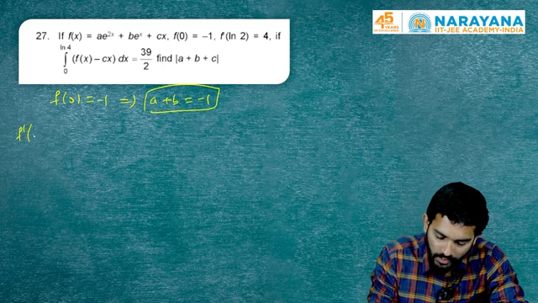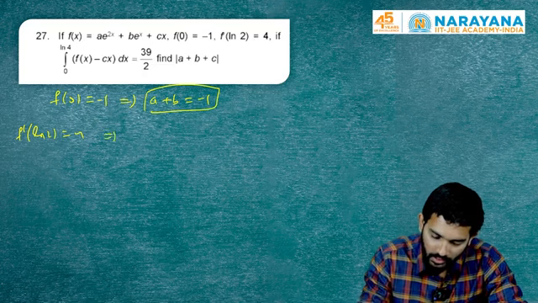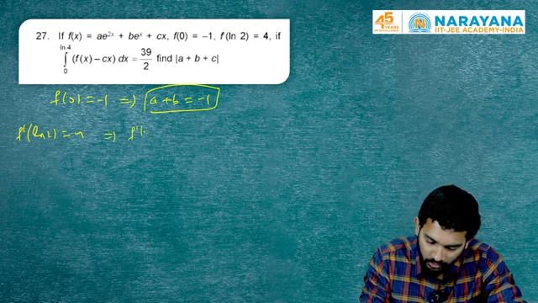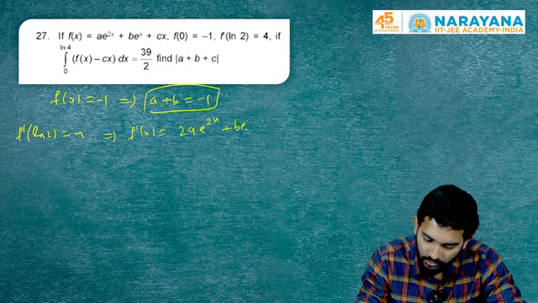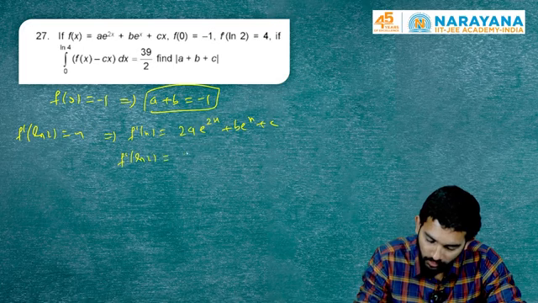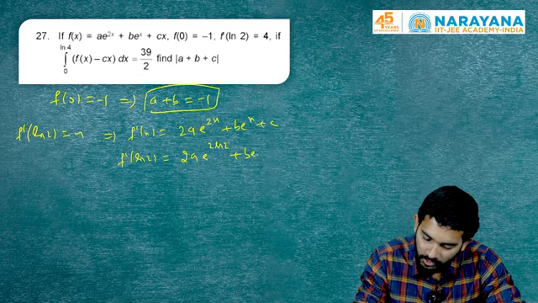Then f dash of ln 2 equal to 4. So which implies first f dash of x is equal to 2 times a e power 2x plus b e power x plus c. So f dash of ln 2 is equal to 2a into e power 2 ln 2 plus b into e power ln 2 plus c.